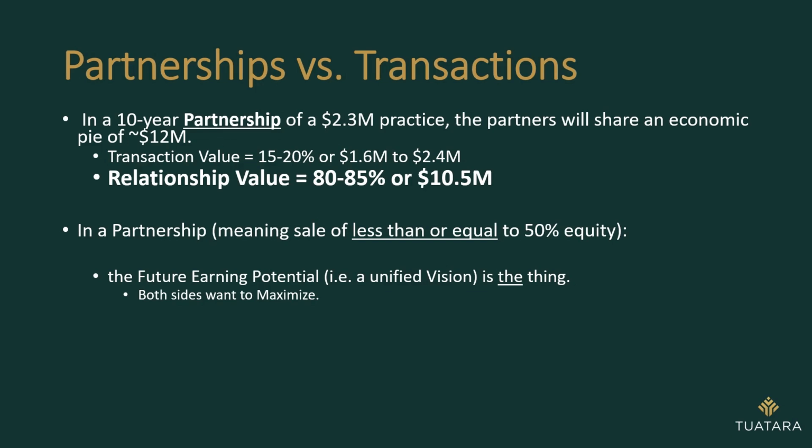Contrast that with a transaction, where the actual transaction value is the thing, and we have the buyer and the seller's goals in conflict. In a partnership, the transaction value is important, but it is clearly not the thing. The future earnings potential is the thing, and both partners are working to maximize that. They're both on the same side of the table for this.